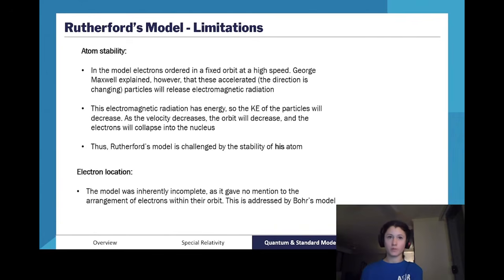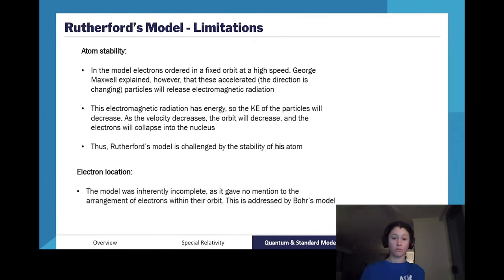Because Rutherford didn't specify where the electrons were, his model predicted that electrons could lose or gain any amount of energy at all, because they could be anywhere within the atom.